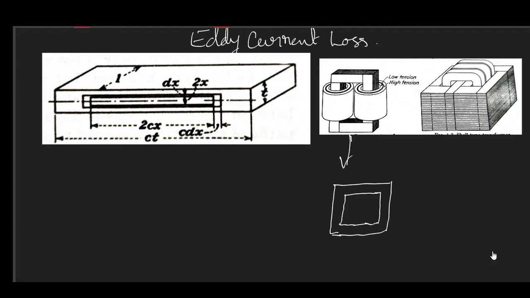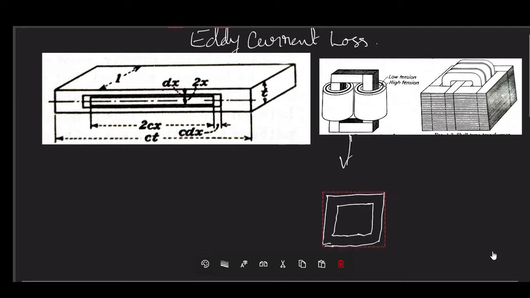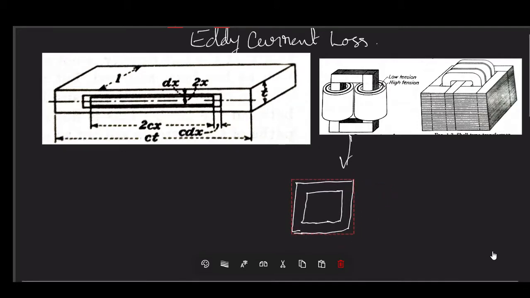Now here, this sheet, whatever we are having here, I'm not sure whether there is any way to turn it. Seems there is no way that I can turn or change the orientation of this.